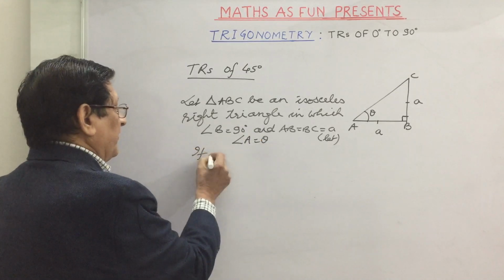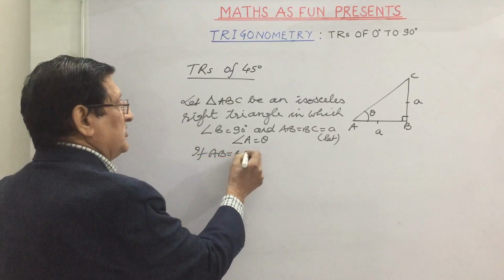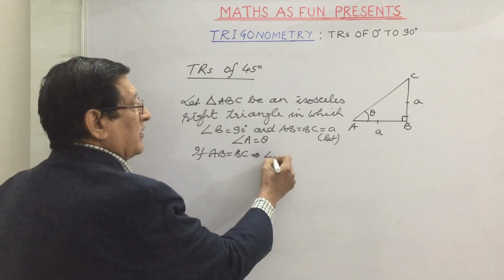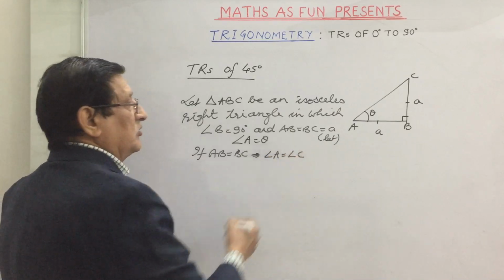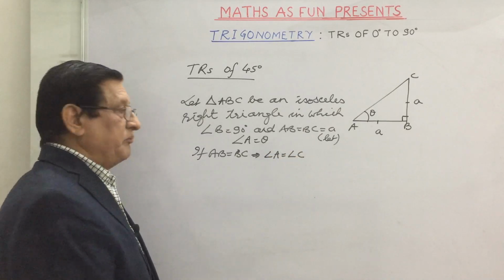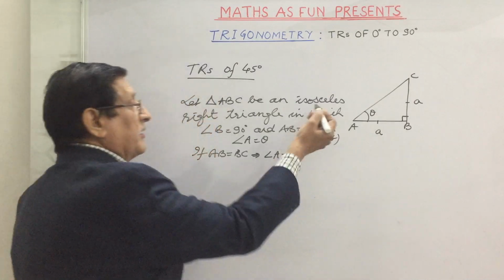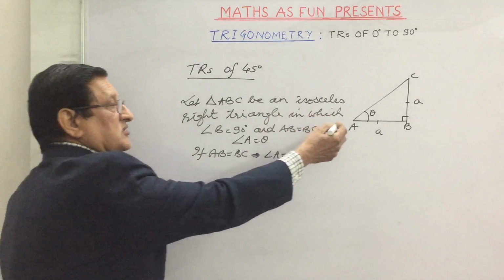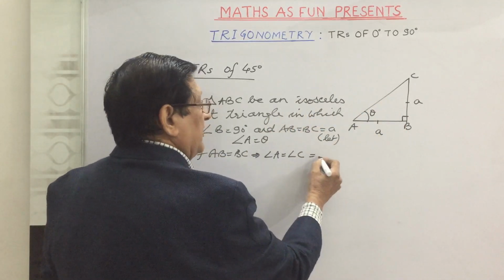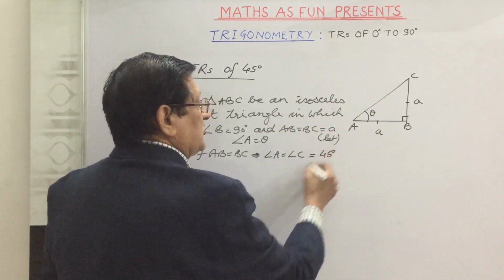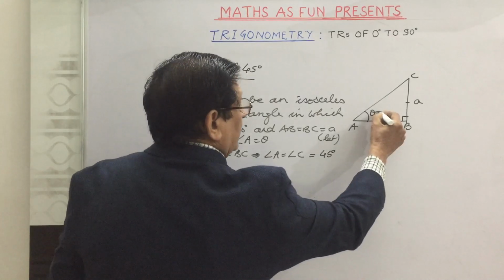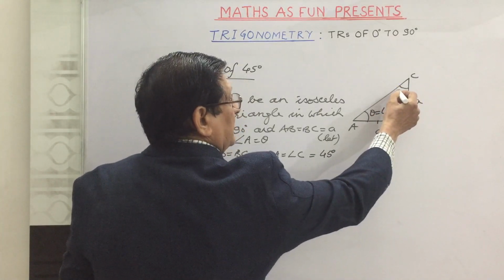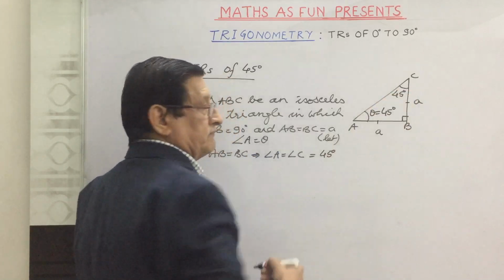We know if AB is equal to BC, certainly angle A also will be equal to angle C, because we know the angles opposite to equal sides are equal. And in this case, since it is a right angle triangle, will it be 45 degree each or not? So we are finding here theta is 45 degree. The C also will come as 45 degree.